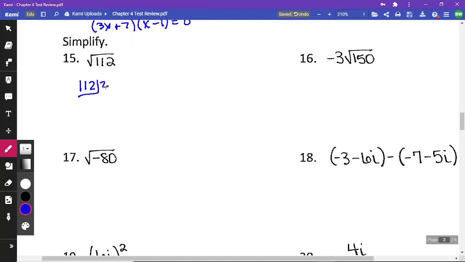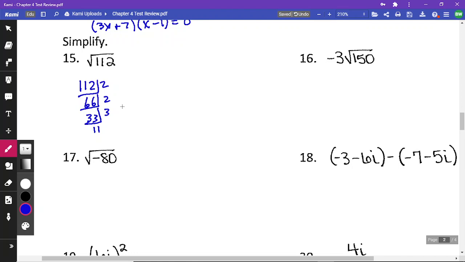Okay, so 2, and that leaves 66. And let's just keep using 2 as long as we can. Get 33. Oh, can't use 2 there, but we can use 3. And you get 11. And once you do that, everything here is a prime, right? Everything's a prime. That's the way it has to be. If you have numbers there that aren't primes, you don't really have the prime factorization.